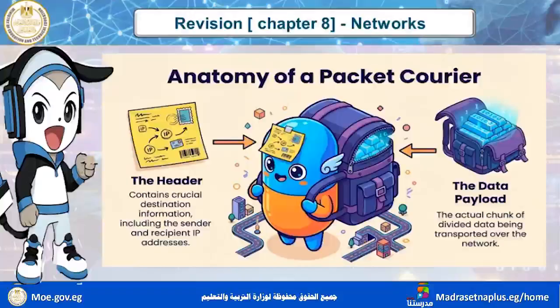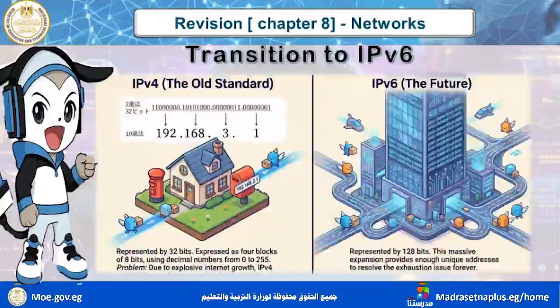We have now to discuss why we transit to IP version 6. IP version 4, the old standard, is represented by 32 bits expressed as 4 blocks of 8 bits, using decimal numbers from 0 to 255.